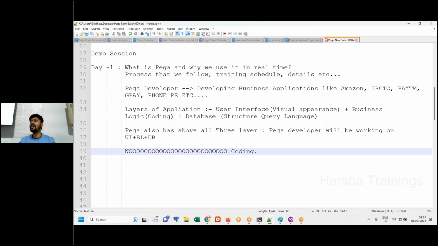When I say coding, many people get stuck only at the business logic part. They are thinking only about Java coding or Python coding. Coding doesn't mean only middleware. For UI, meaning HTML, CSS, JavaScript, no coding required.